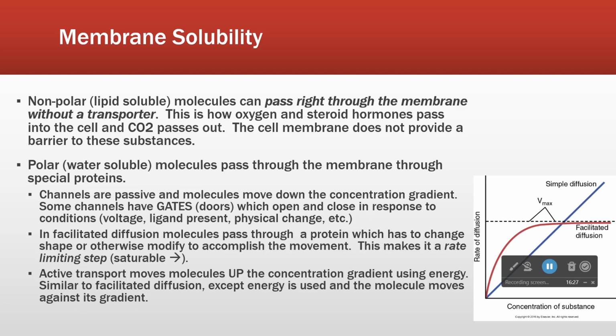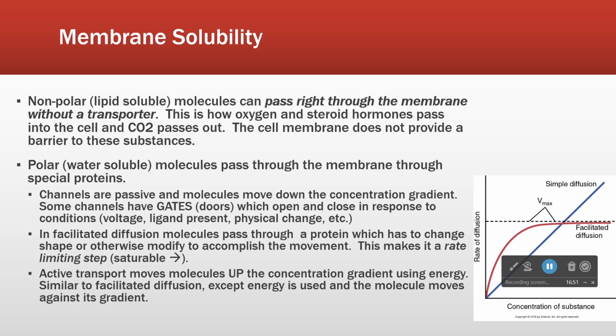My little graph over there in the corner, okay, so the y-axis is how quickly the molecule can move across the membrane, and the x-axis is the concentration of the substance. In a channel, we have the blue line, right? The greater the concentration difference, the faster the rate of diffusion.